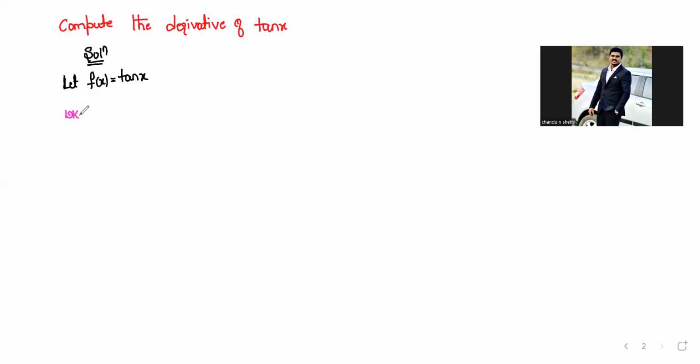We know that f dash of x is equal to limit h tending to 0 of f of x plus h minus f of x by h. Okay. So we know, all of you, we know this formula.